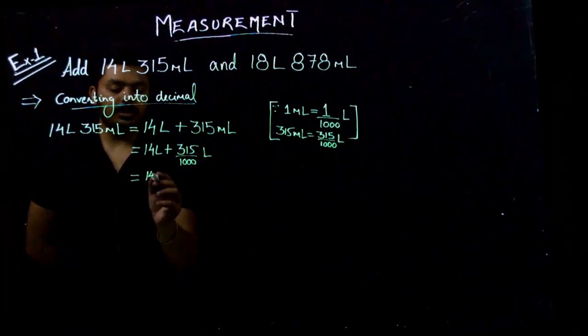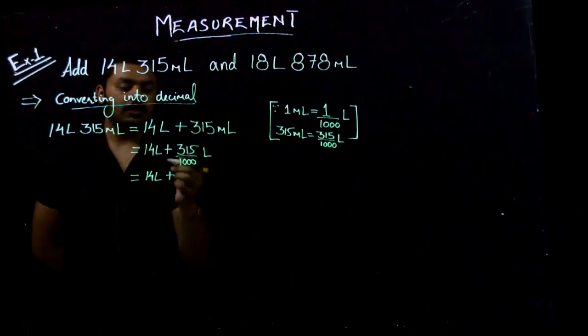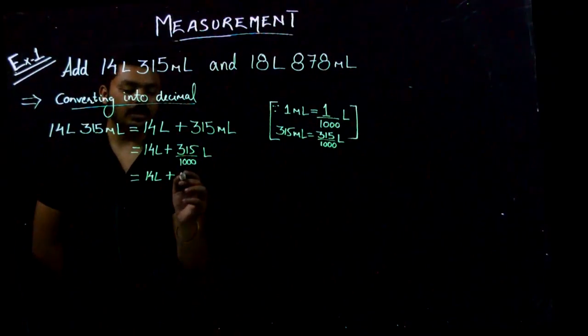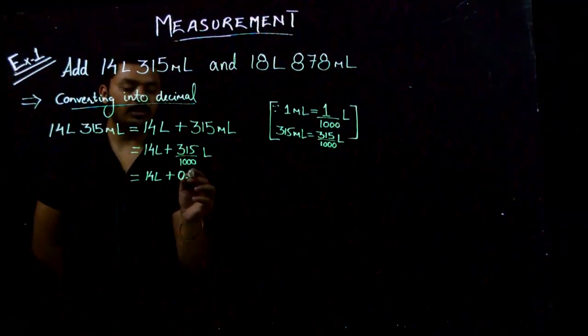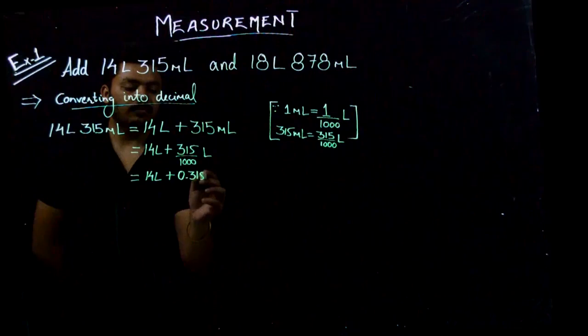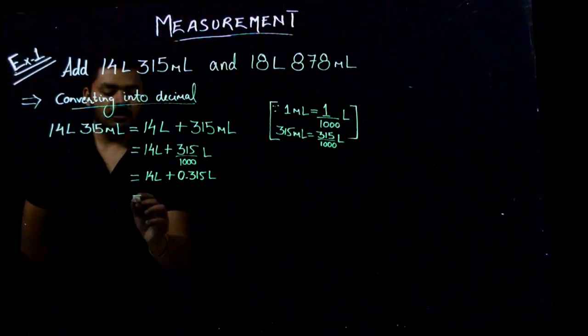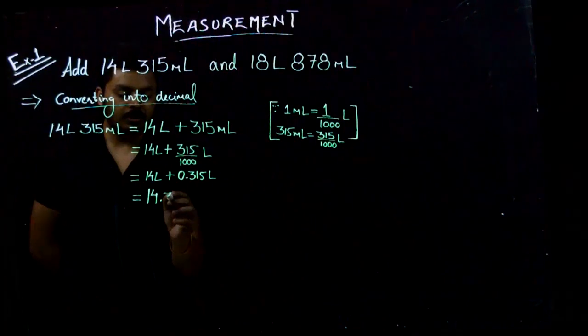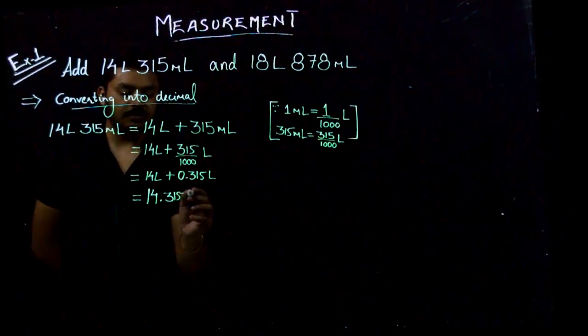Now 14 liter plus, when we convert it into decimal, since there are 3 zeros, place the decimal before 3 digits, that is 0.315 liter, and since both of them are in liters, it becomes 14.315 liter.